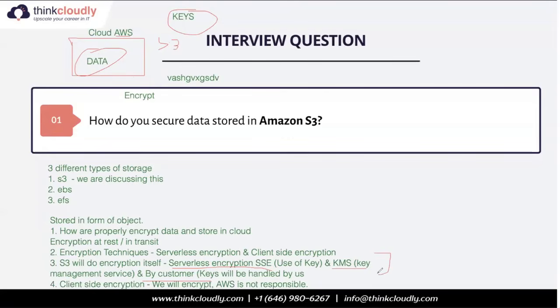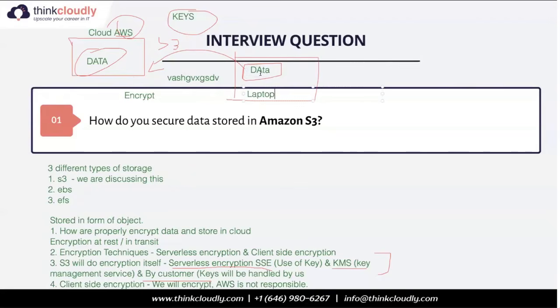Okay. On the other side, let's say you don't want AWS to encrypt it. Forget about that. Encryption should not be done by AWS. Forget about who is going to manage the key. Let's imagine I have the data over here. Okay. Before even uploading this data on AWS, let's say this is the data which I have in my laptop.